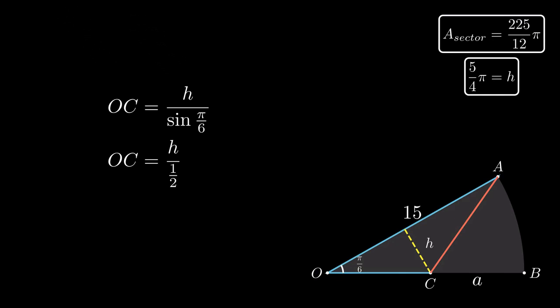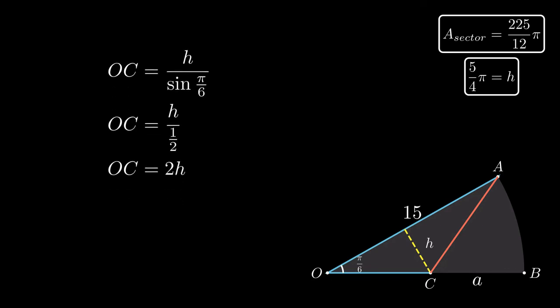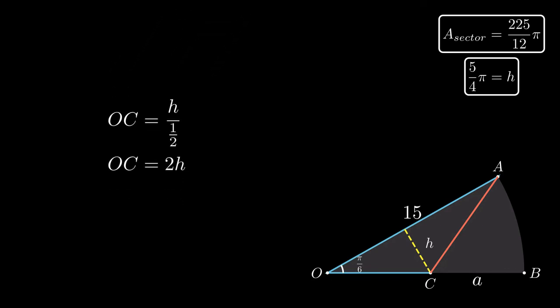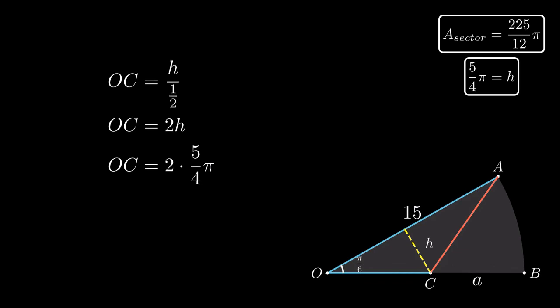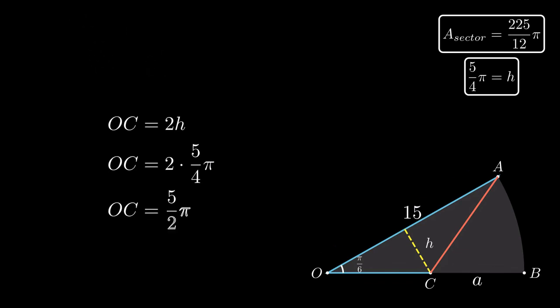All right, that means we know OC in terms of h, and then we know h, so we know OC. So we put in h, and finally, OC is 5 over 2 pi. Okay, so there it is.